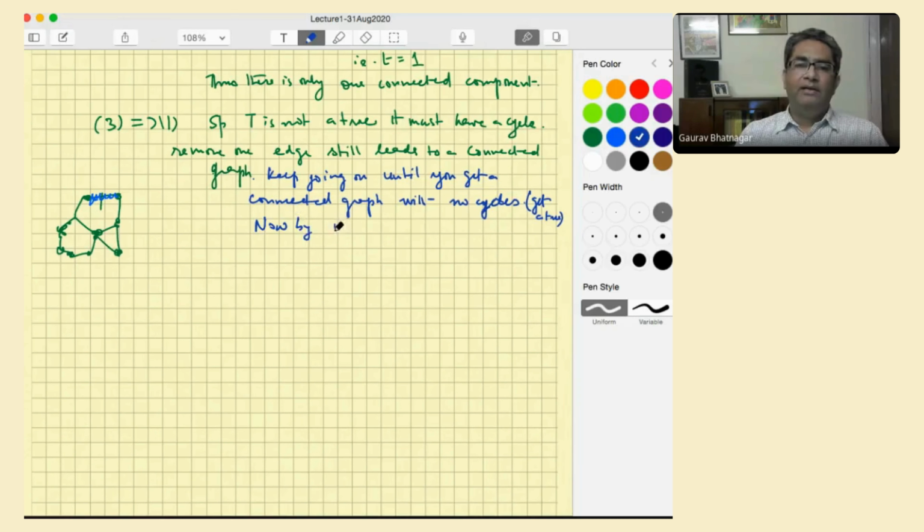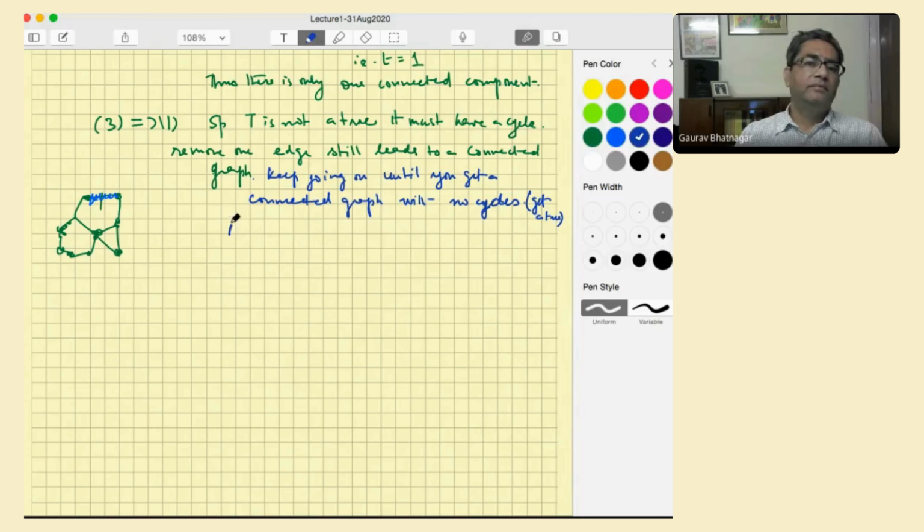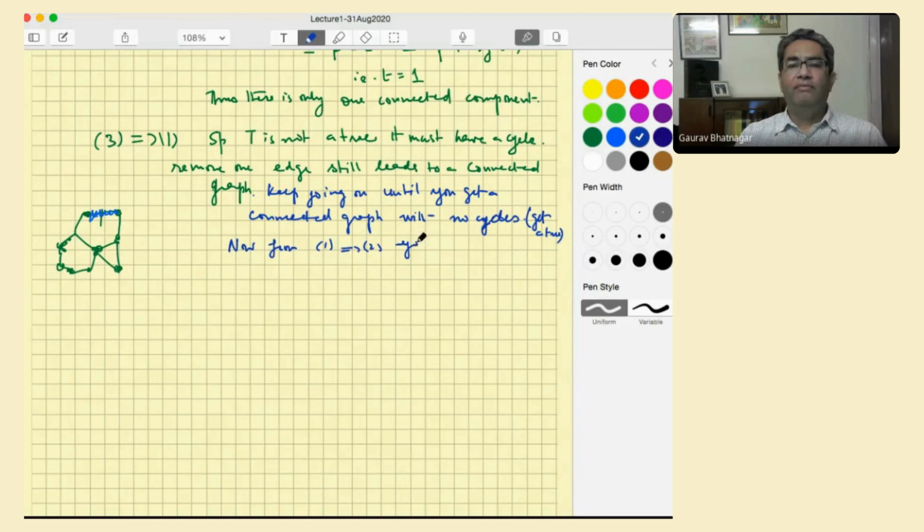Now by part 2, that's the problem with 1 implies 2. Now from 1 implies 2, you have a contradiction.